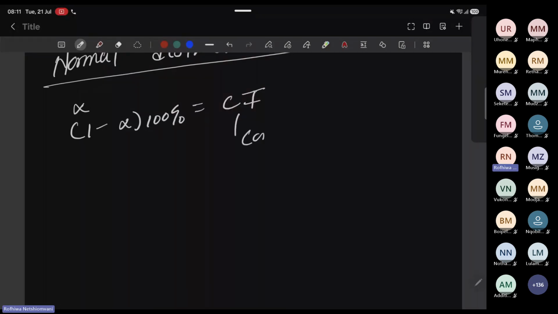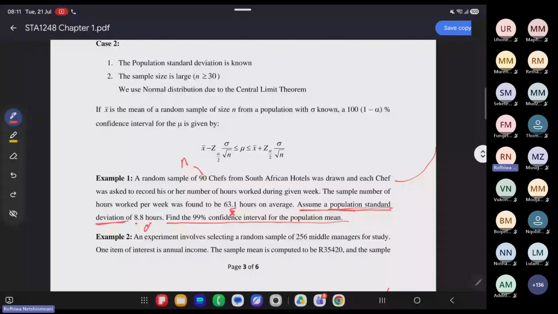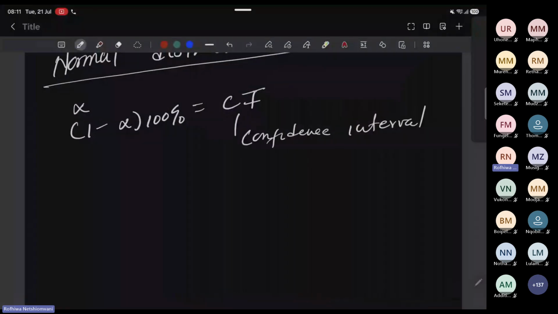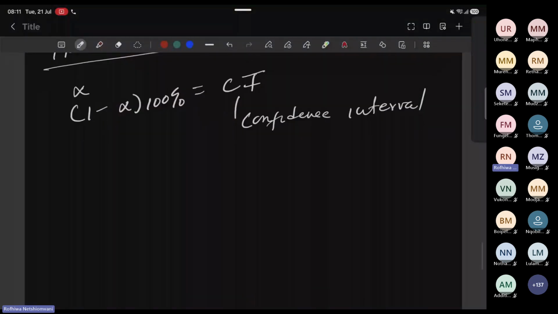CI means confidence interval, which is given in each question. Find the 99% confidence interval, CI. So it will always be given in a question. In this case, CI is equal to 99%.